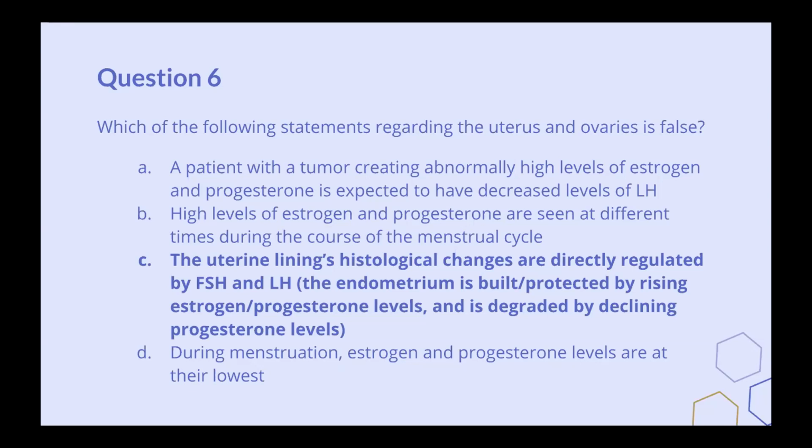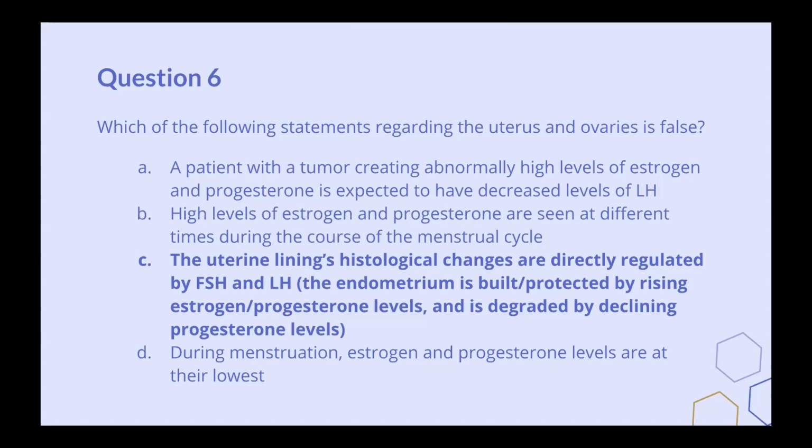So A is correct because estrogen and progesterone have that combined effect of suppressing LH levels. Ovulation is caused by that sharp rise in LH. If we have two sharp rises in LH in one cycle, then we could have two fertilizations, and you can't have two pregnancies.